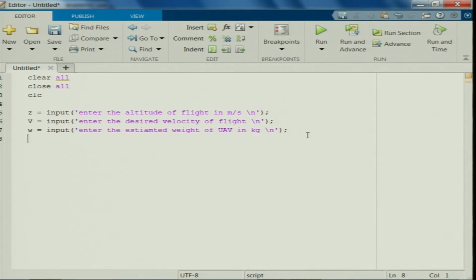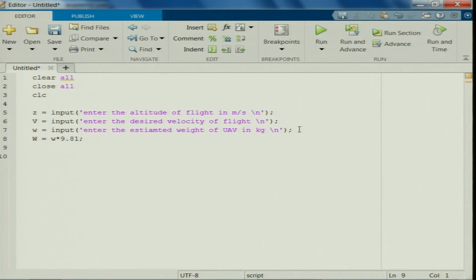This multiplied by g, 9.81, will help me find the weight in newtons. Otherwise, capital W is small w times 9.81 meter per second square. So I have Z, V, w and capital W.